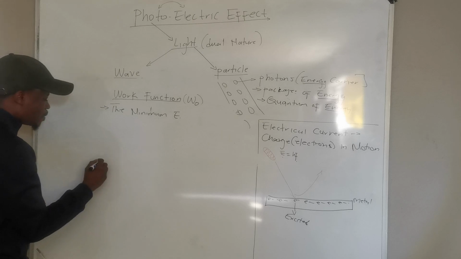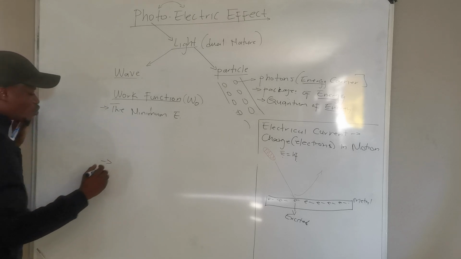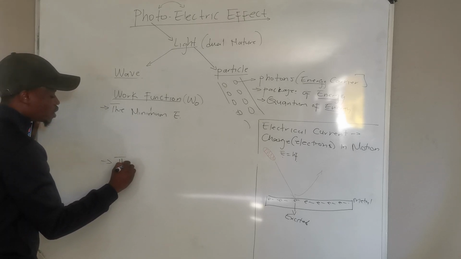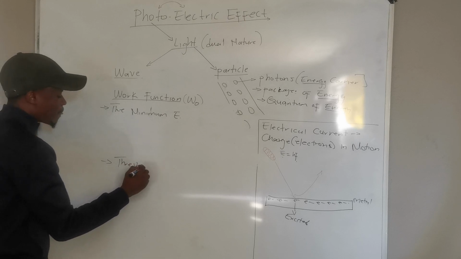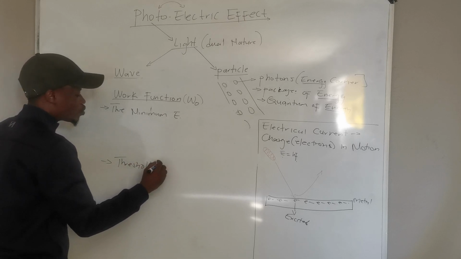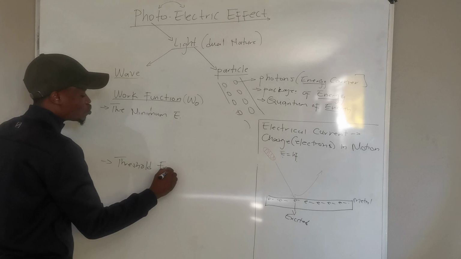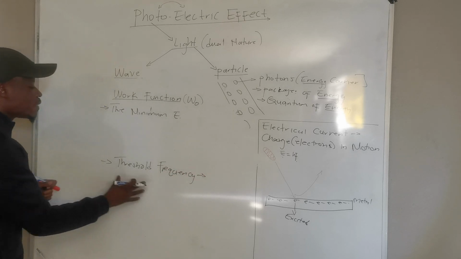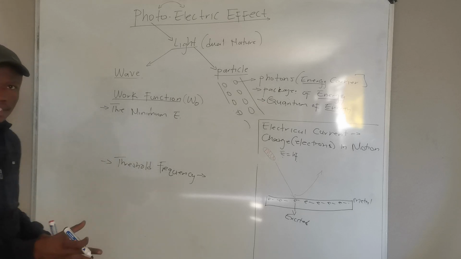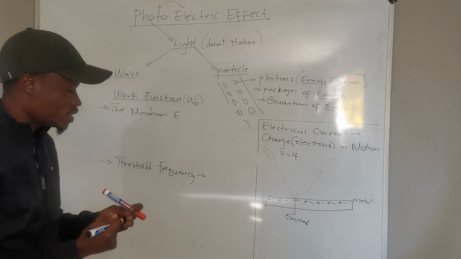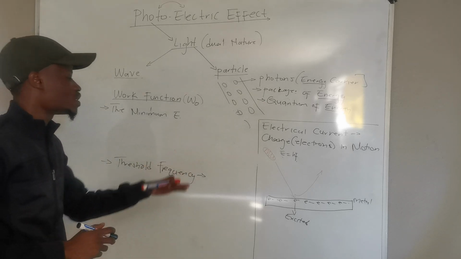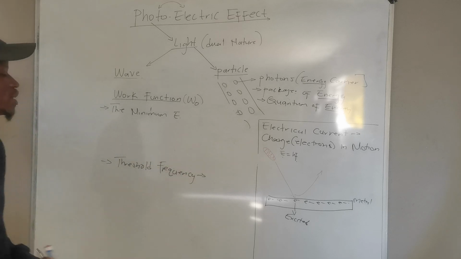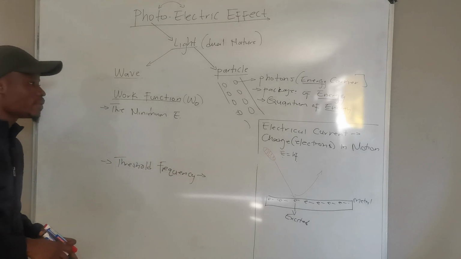Okay. Therefore, that minimum frequency, we are going to call it the threshold frequency, which is the minimum frequency needed to eject an electron, or to emit an electron, out of a metal.